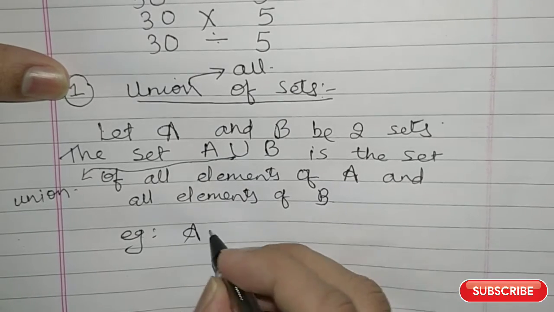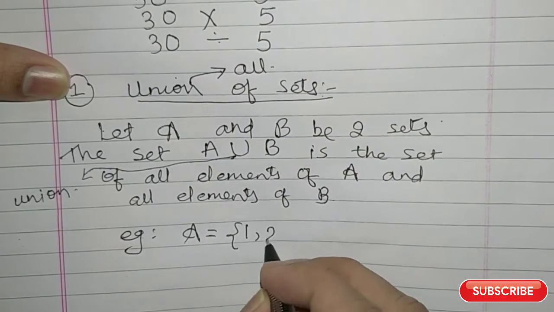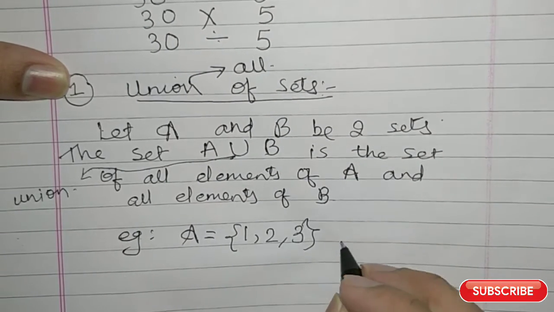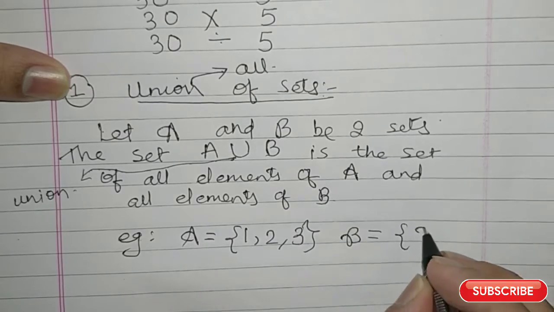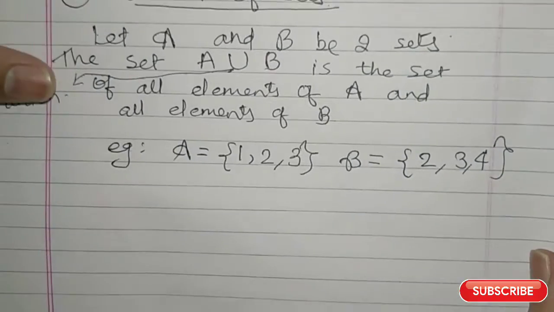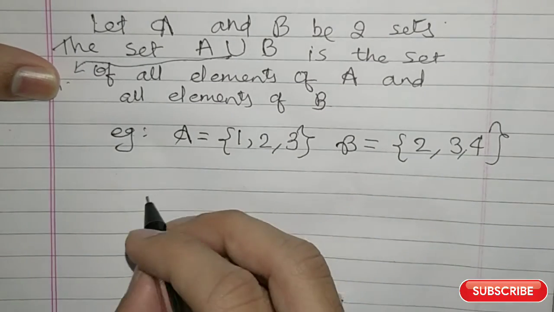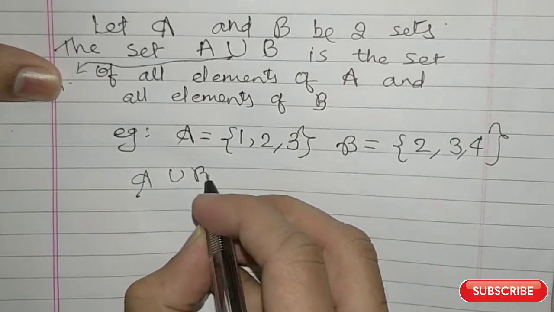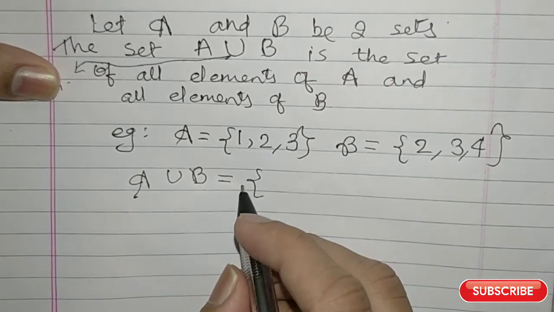Now we will take some examples and see what is A union B. So example, let A be equal to the set {1, 2, 3} and B be equal to the set {2, 3, 4}. You have these sets A and B. Now you look at A union B. So what will be A union B?